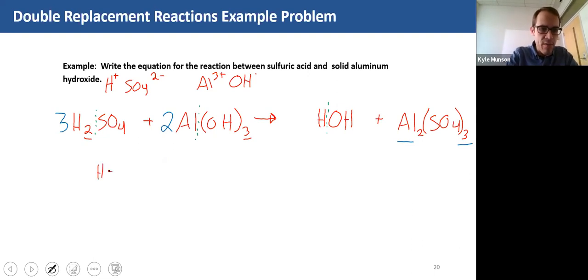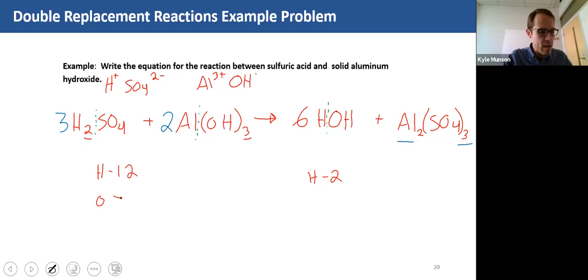So now let's see, how many hydrogens do I have on this side? So I have 6 there, okay, and 6 here. So I have 12 hydrogens, I believe it is. Over here, I only have 2 hydrogens. So I need a 6 in front of there. And I believe that might have balanced it, but let me just continue here. So oxygen, how many oxygen do I have on the side?